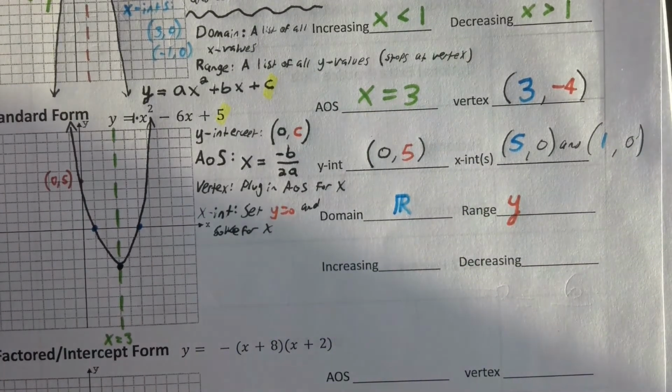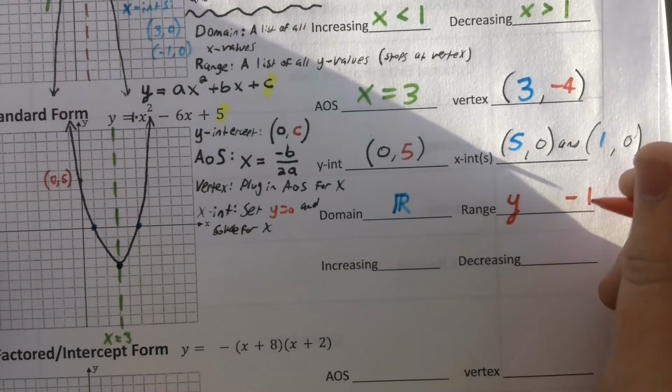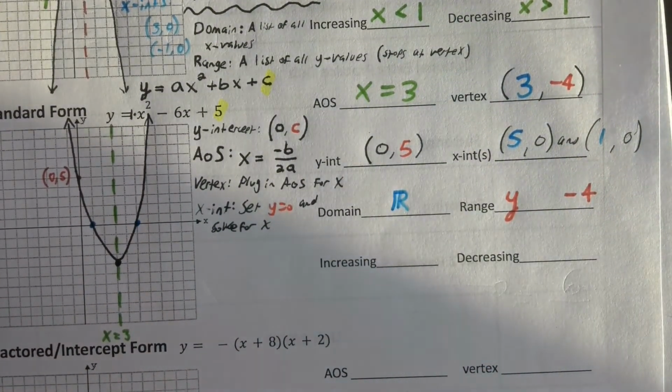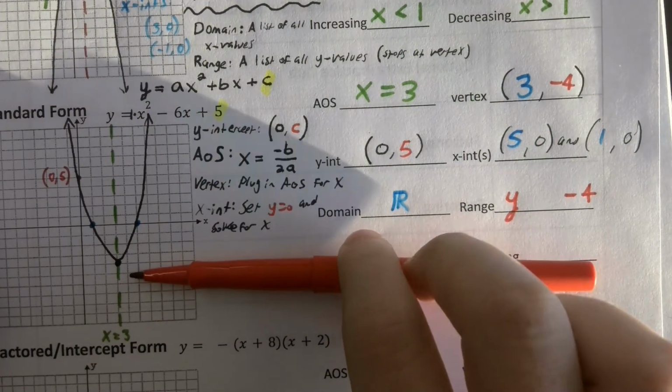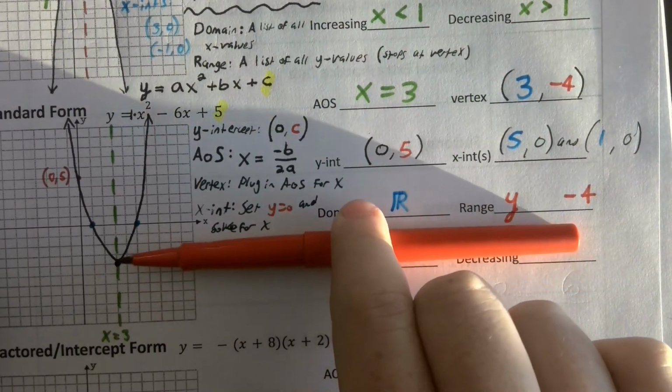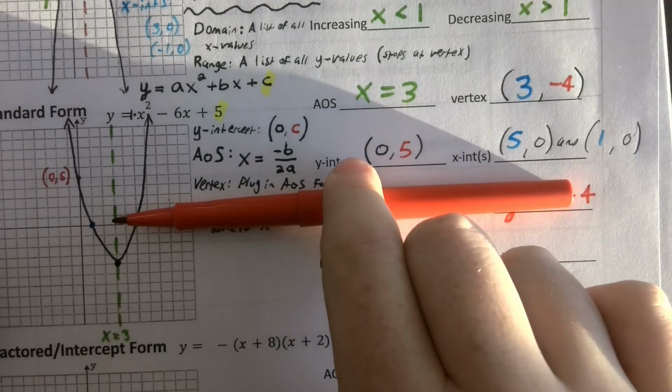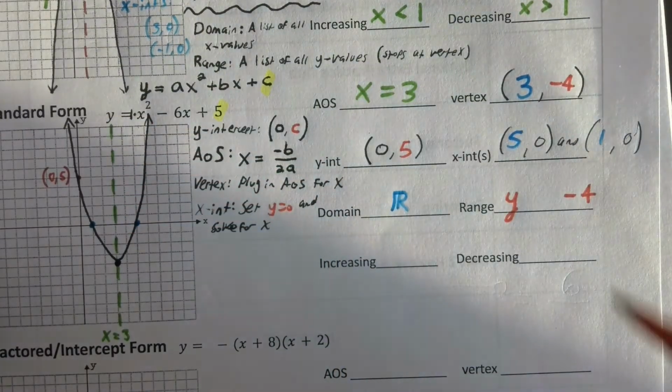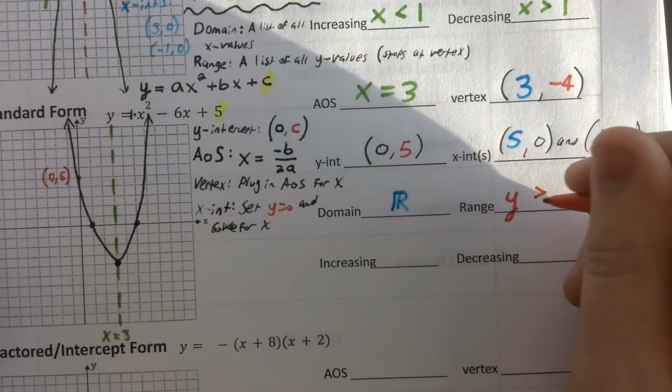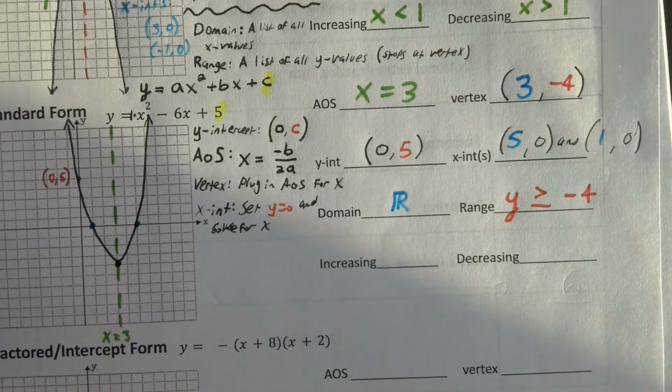What's our lowest point or highest point here? We don't have a highest, we do have a lowest or a minimum at -4. And notice how all of our y values are above -4. There's some at -3, -2, -1, 0, 1, 2, 3, 4, 5. So we say that y is greater than or equal to -4.